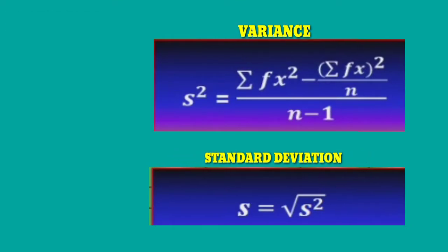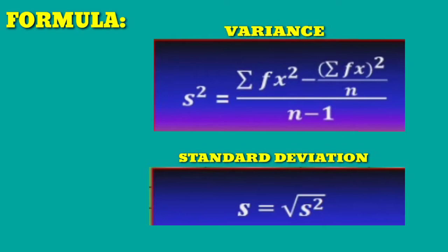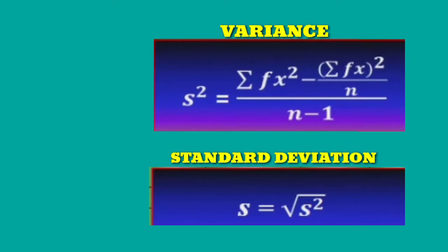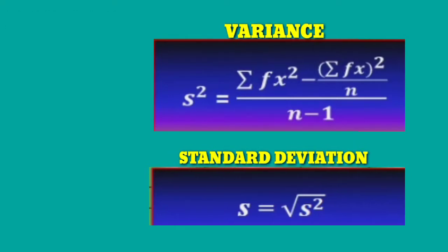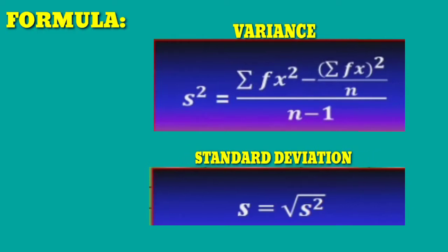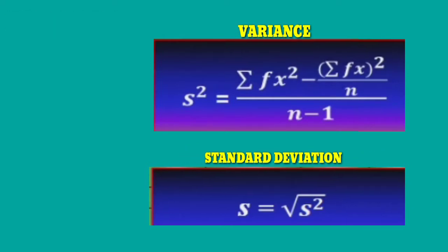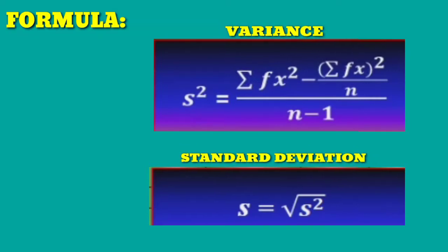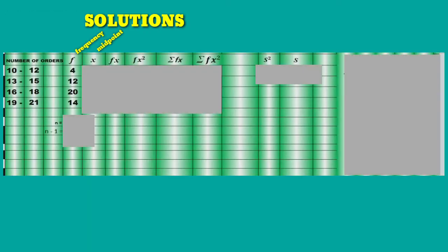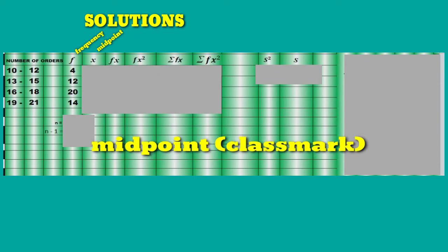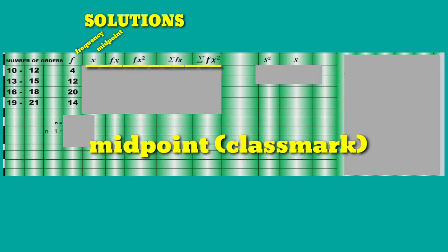Take note of our formula for the variance, that is denoted by S squared, and the formula in finding the standard deviation is denoted by the letter S. Alright, let me explain to you now the solutions of our example. To solve for the variance and standard deviation, we need an additional column for your X, which is your midpoint or class mark.